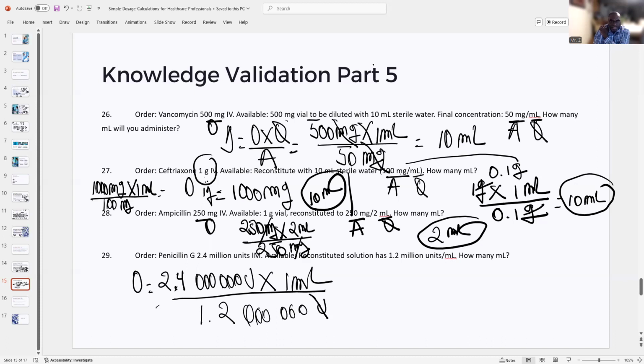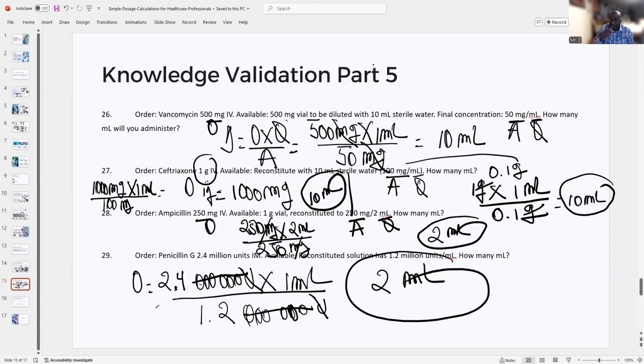That unit and that unit, you're going to cancel out. You know this 6 zeros right there, and those 6 zeros, you'll cancel out too. So your answer, you got 2.4 times 1, which is 2.4, divided by 1.2. You have 2 milliliters. Use your calculator, dear friend.